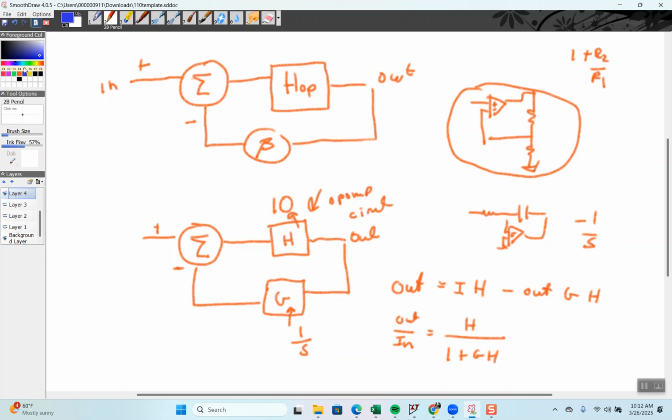All right. But yes, that 10 really has this inside of it. This has another transfer function that is much more complicated, but I do have it in the notes. All right.